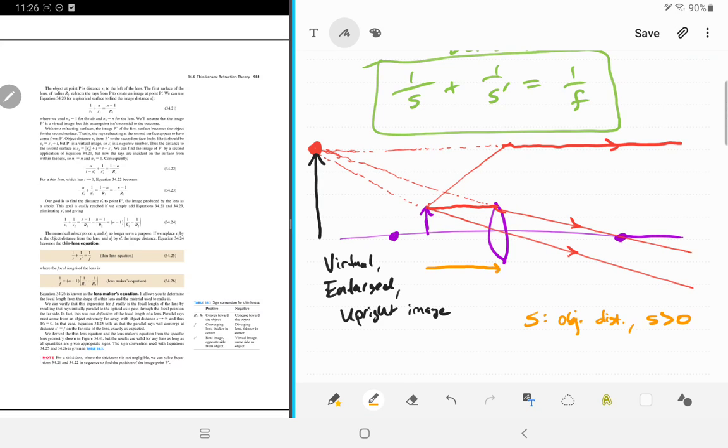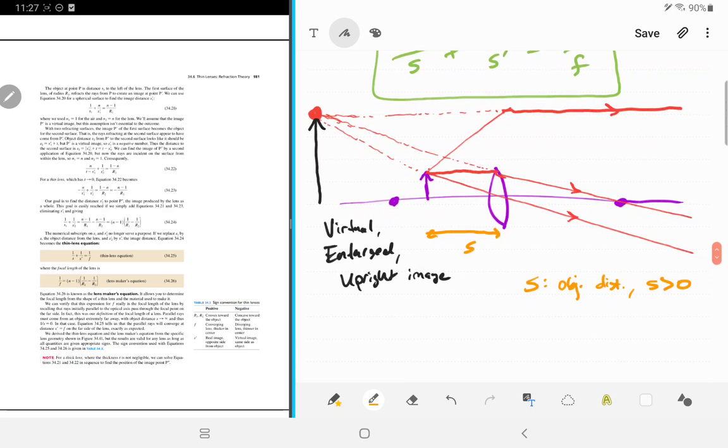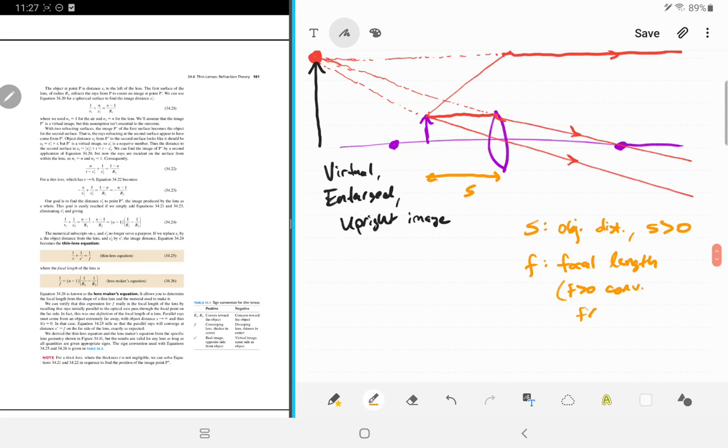This distance right here is s. f is a characteristic of the lens. It's the focal length. Remember, the magnitude is the distance that this is away from the lens. That's the magnitude of f right there. And then the sign tells you whether you have a converging or a diverging lens. So the focal length is positive if it's converging or negative if it's diverging.